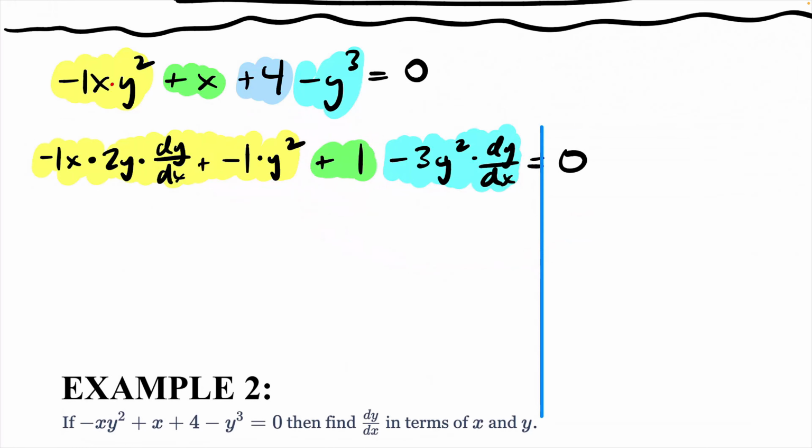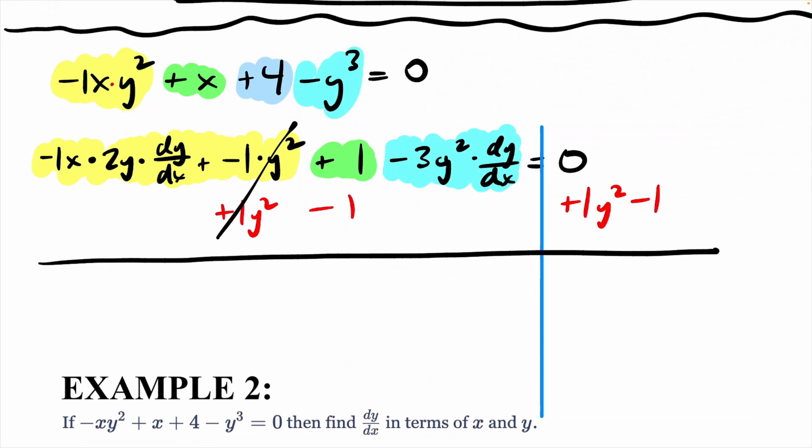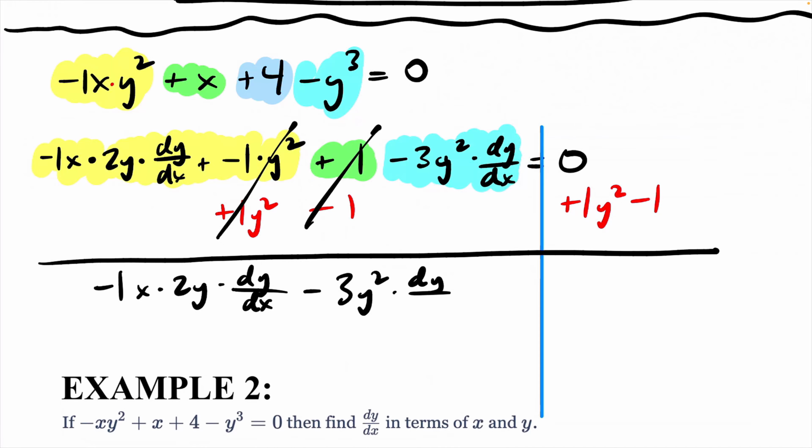So I need to do the opposite: 1y squared minus 1. So I got negative x times 2y times dy over dx, minus 3y squared dy over dx, equals y squared minus 1.